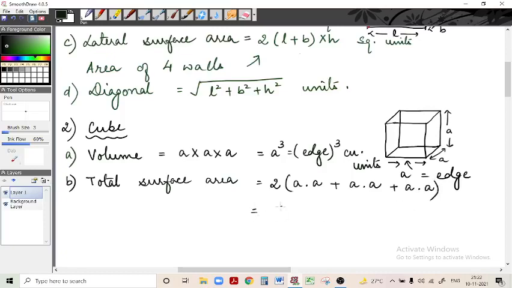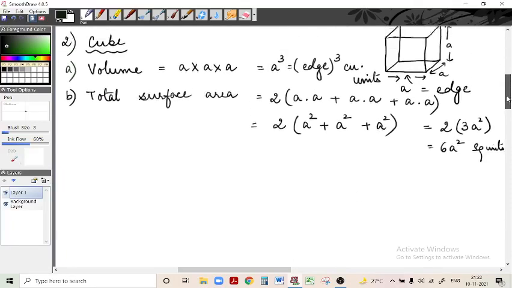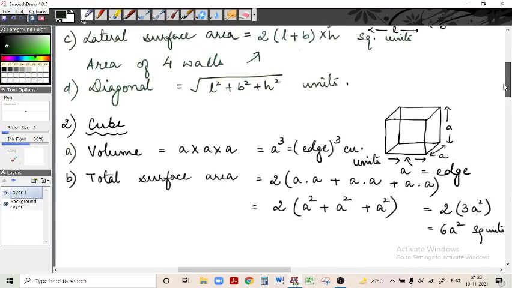So what will happen? Twice of A square plus A square plus A square, which is equal to twice of 3A square, which is 6A square square units. So the formula for the total surface area is 6A square.